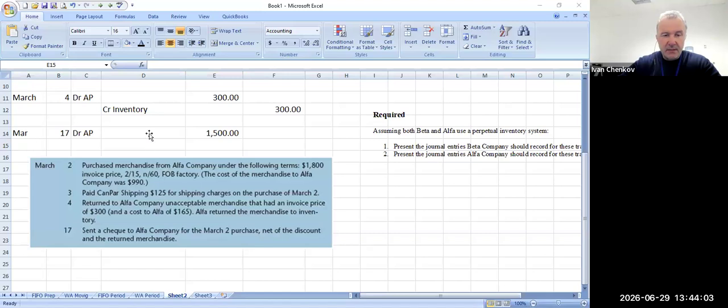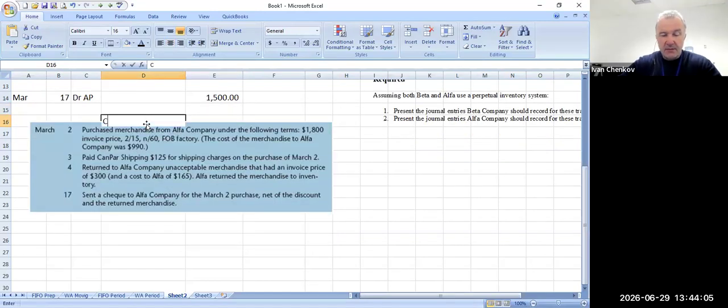$1,500 we're going to pay. And how are we going to pay it? Credit will be cash. Now we have to see how much cash we're going to use. First, let's get the purchase discount, 2% of the 1,500. And once we do that, we're going to reduce our inventory.